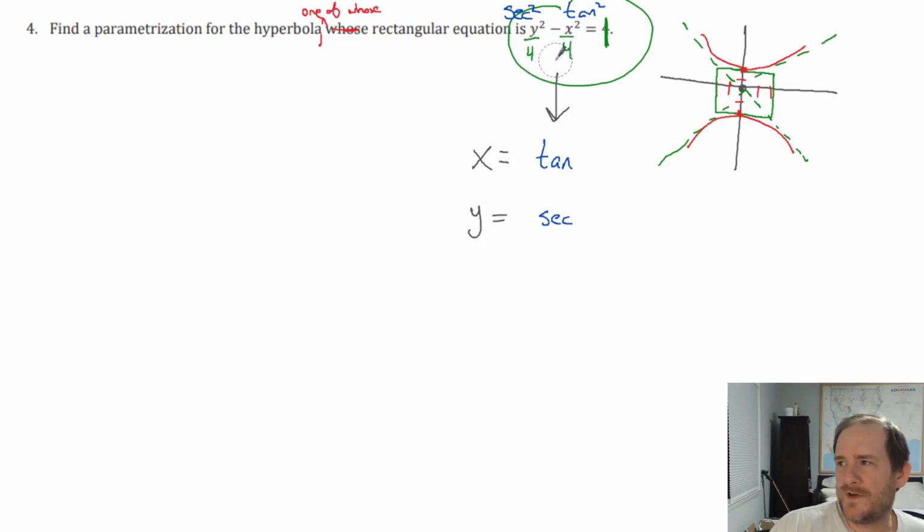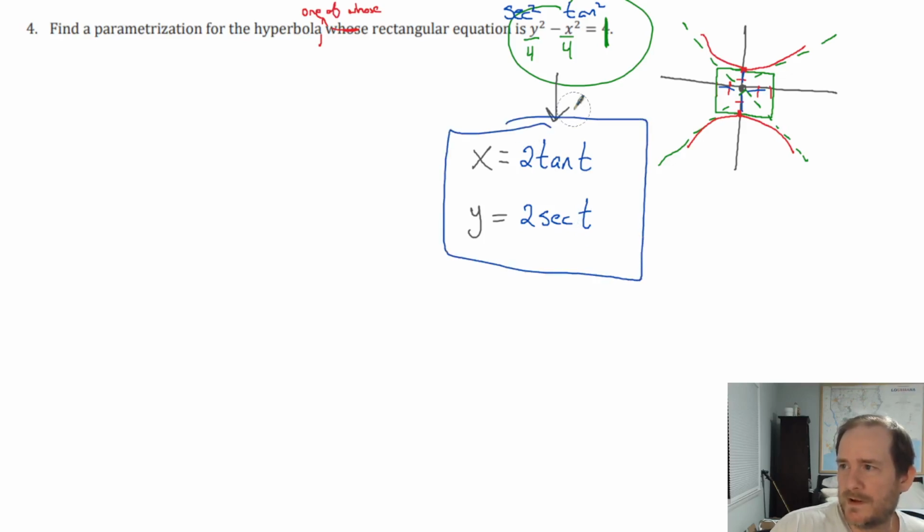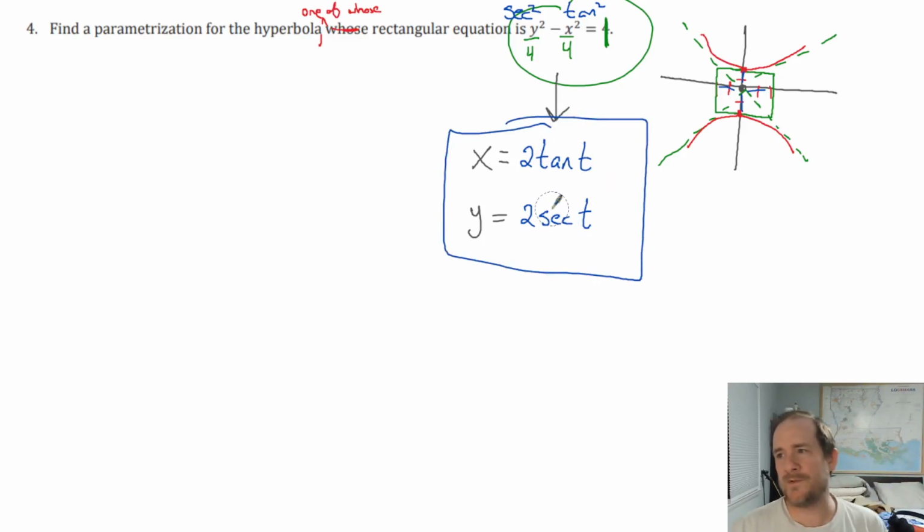These 4s we're dividing by tell me that my distances here are 2, and those are the coefficients on the trig functions, right? And then it's 2 tan t, 2 secant t, and the center gives you the h and k, which is what we're adding on to the end here. So it's plus 0, plus 0. I'm done. That is a parameterization of a hyperbola.